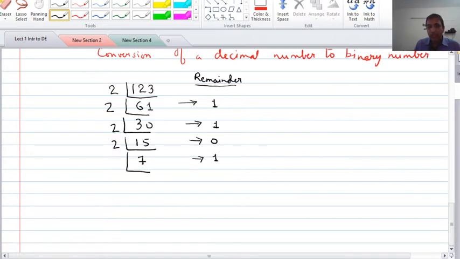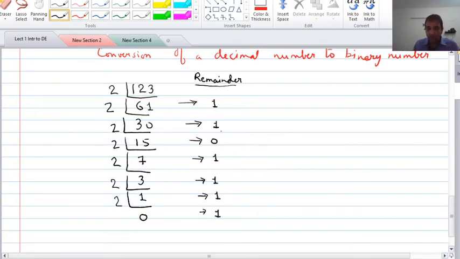Then again 3 with remainder 1. Then again 1 with remainder 1. Then again 0 with remainder 1.